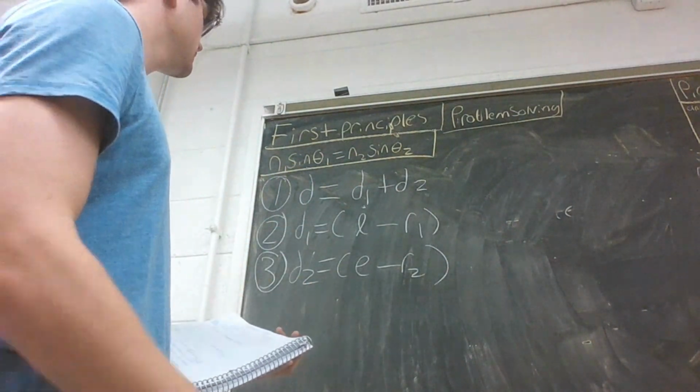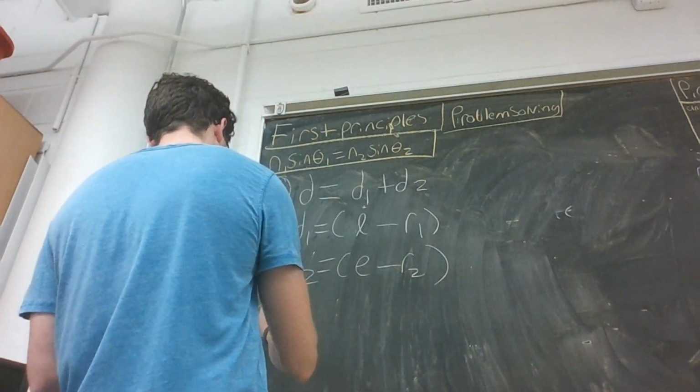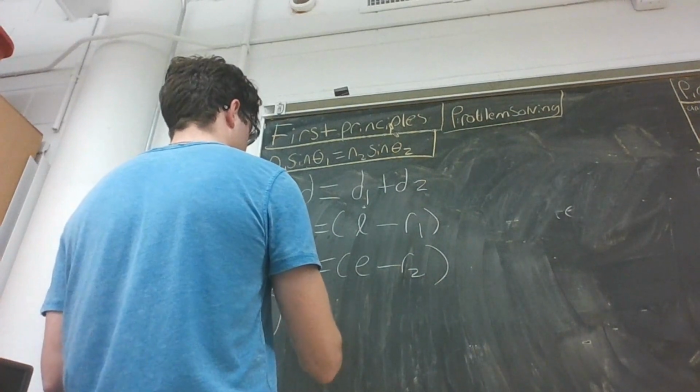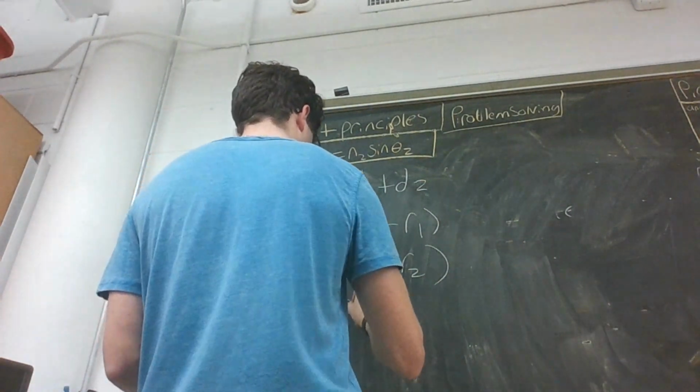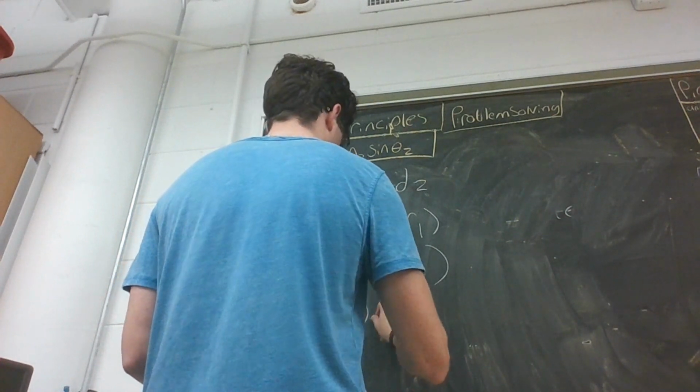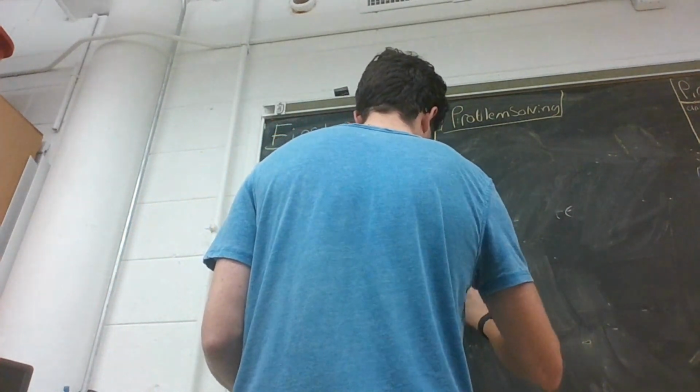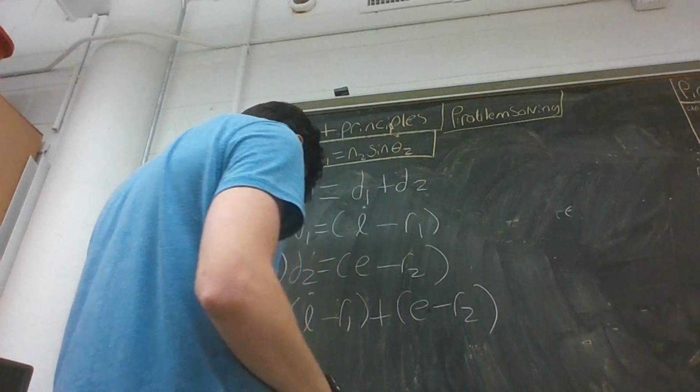However, we still have to do D1 plus D2. So this is I minus R1 plus E minus R2.